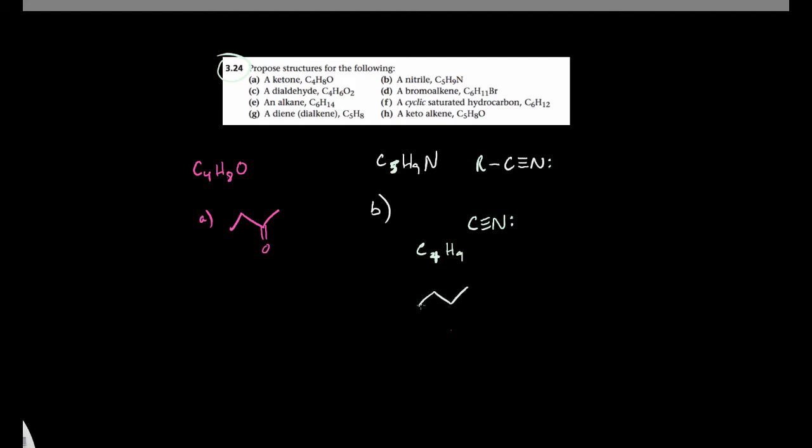Well, let's see, 1, 2, 3, 4, 5, 6, 7, and then if we put our CN out here, that will give us 1, 2, 3, 4, 5, 6, 7, 8, 9 hydrogens. So this is C5H9N. Okay, so that works. Let's try another one.